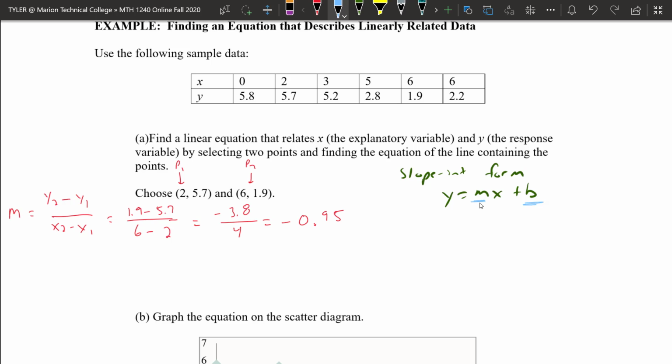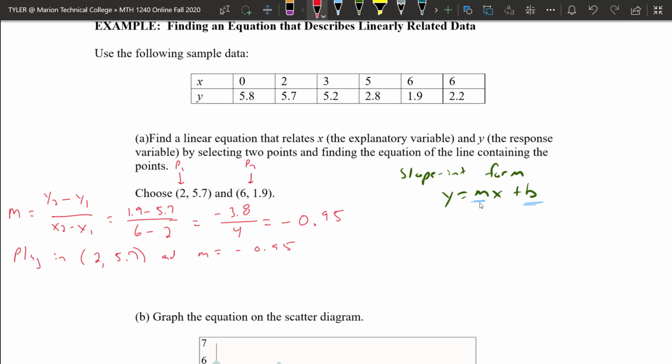To find b, we can plug one of the points and the slope into that equation and solve for b. I'm going to plug in the first point, 5.7, and the slope of negative 0.95 into the equation and solve for b.